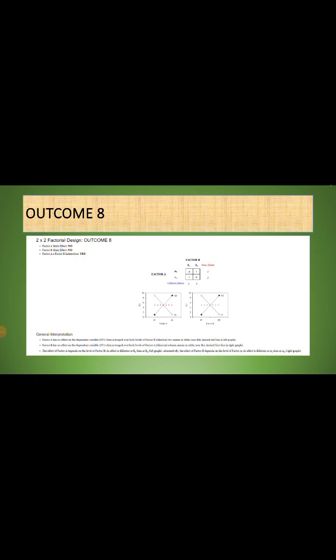In the last outcome, factor A has an effect on the dependent variable when averaged over both levels of factor B. Second interpretation, factor B has no effect on the dependent variable.